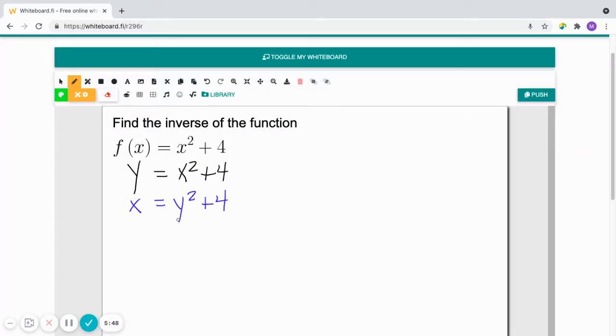Then I want to solve for y. And in order to solve for y, I want to do PEMDAS backwards. Just like we saw, whenever you solve an equation, you always work order of operations backwards. So I'm going to start with anything that's being added or subtracted to y, right? So y is being squared.